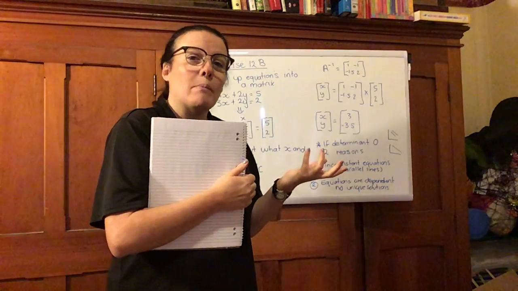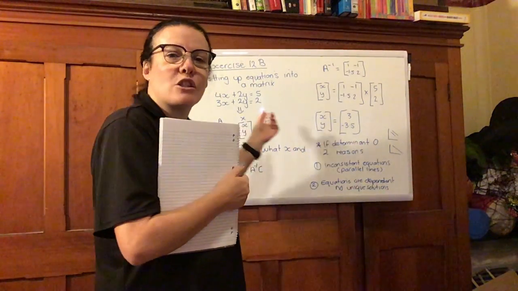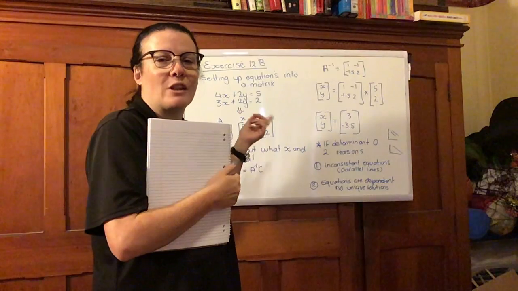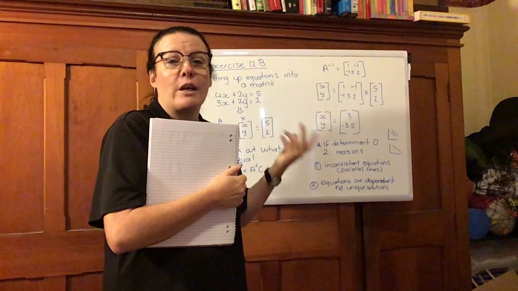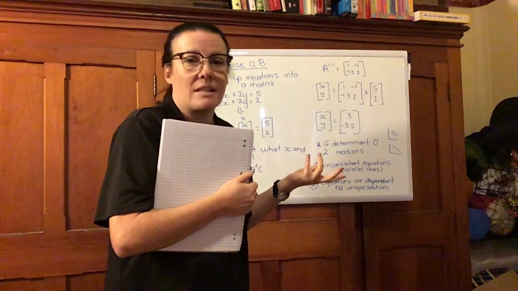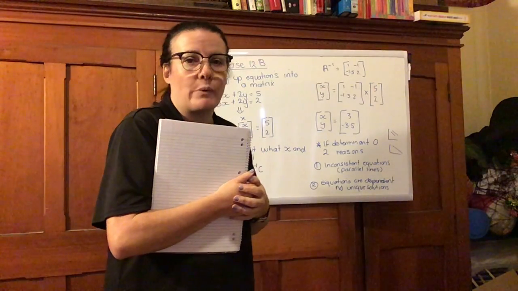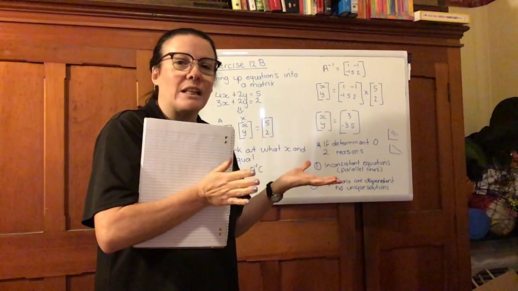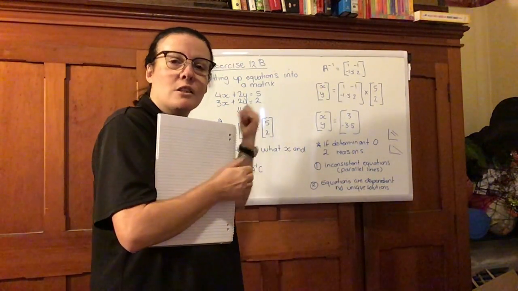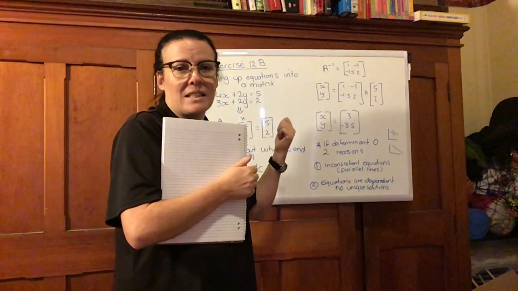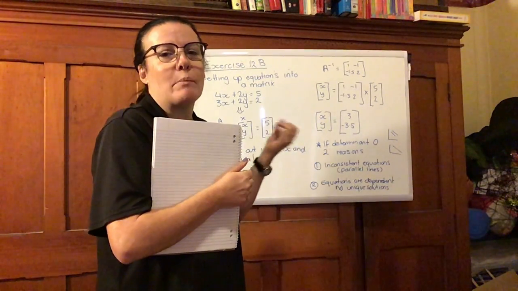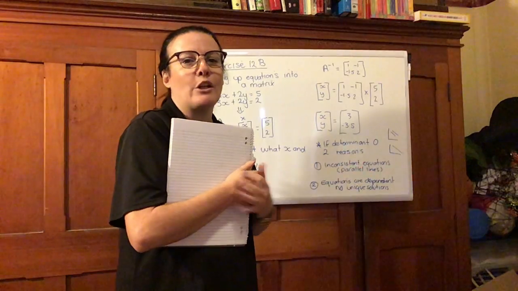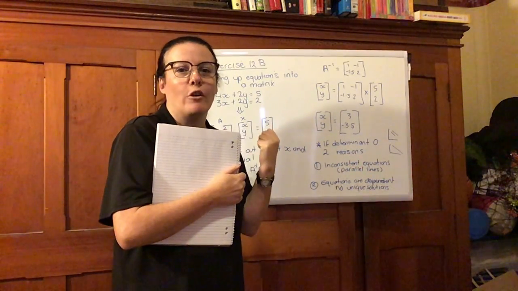But you have to remember, matrices allow us to find for more than two letters. We could find for 3 or 4 or 5 or 6 or 7. And doing that algebraically takes a really long time. So being able to do it like this in the matrix format can be really helpful, particularly when you have more than two unknowns.